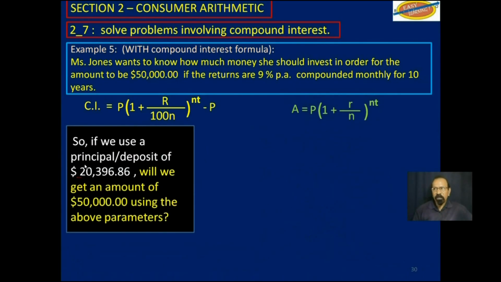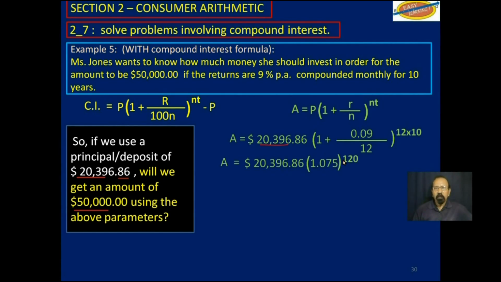So now, if she were to deposit $20,396.86 under these conditions, will she get $50,000 at the end? So now the principal is that, times 1 plus 0.09 over 12 to the 12 times 10 power, which is this piece in here, works out to be that 120th power.